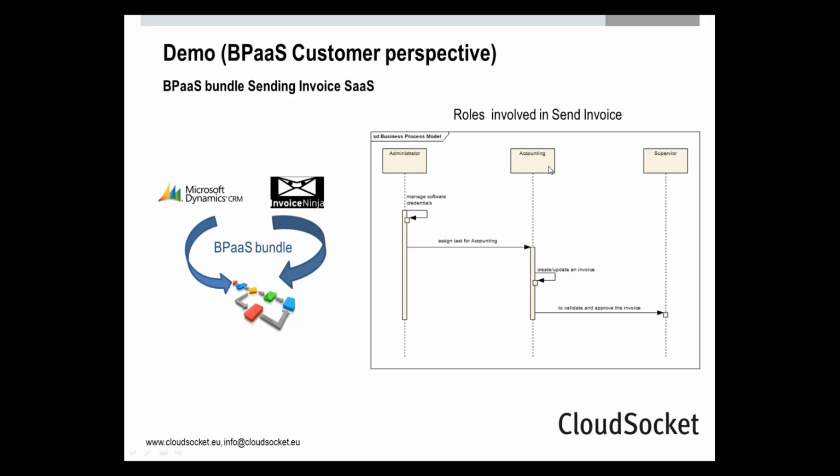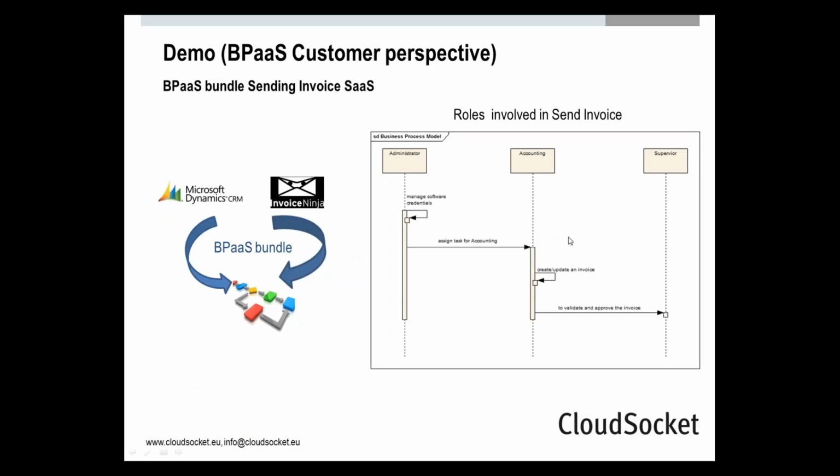Or what is more, we can also introduce another department that has no control or cannot access Invoice Ninja, for example the sales department. They can create invoices without entering Invoice Ninja, and the account department can supervise which invoices are correct or not.